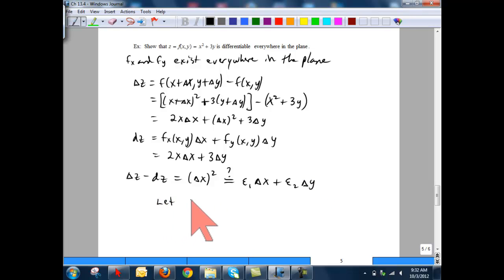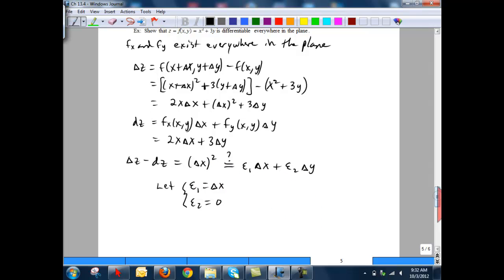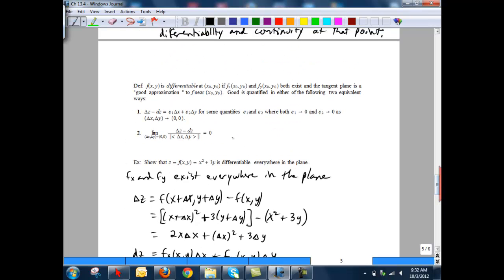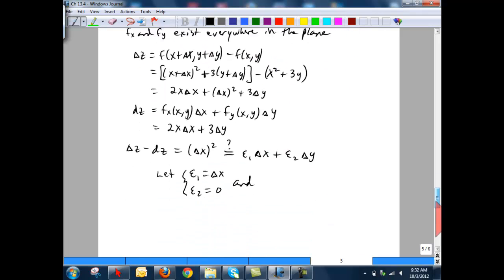If I let epsilon 1 equal delta x and epsilon 2 equal 0, and plug those in here, then I have expressed delta x quantity squared as this combination of delta x and delta y. And the first way of checking was, okay, do those values of epsilon 1 and epsilon 2 approach 0 as delta x and delta y go to 0?